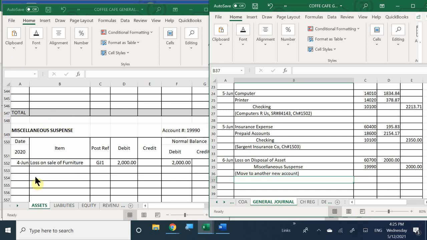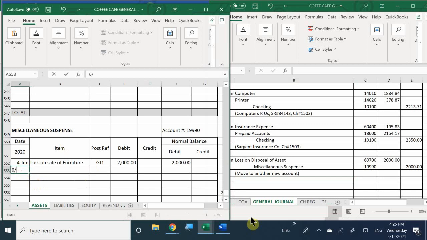So once again, it is now June 6th, and I'm going to move loss on sale of furniture to new account. Again, this was on journal number 1, because we're still on journal number 1.